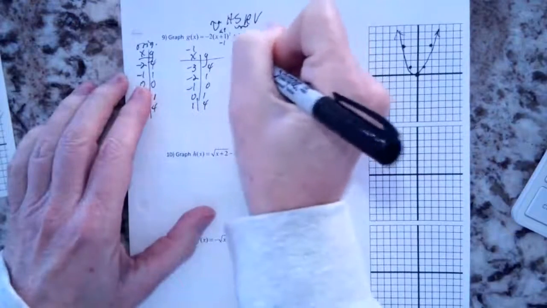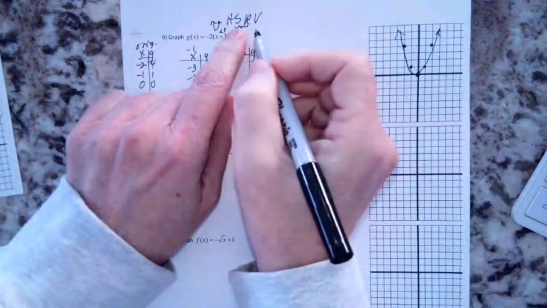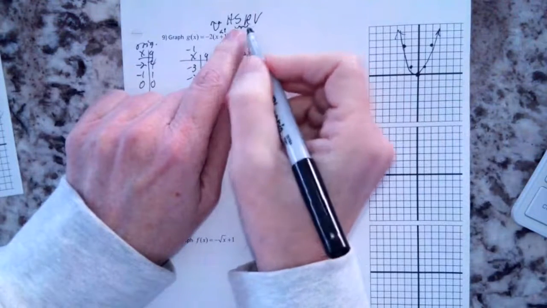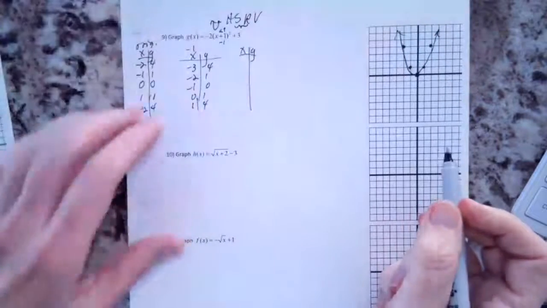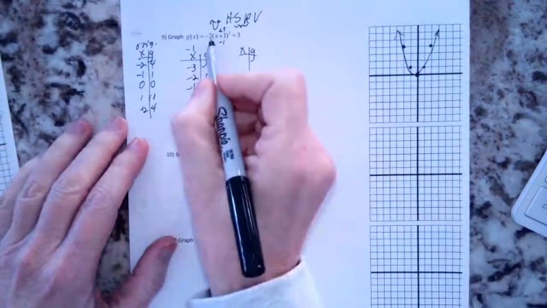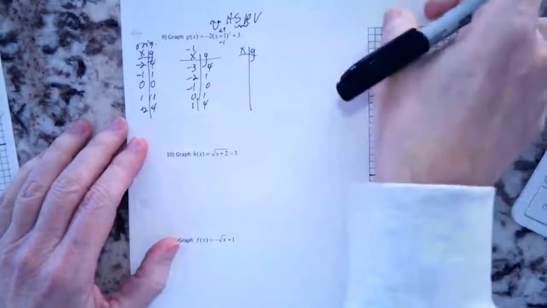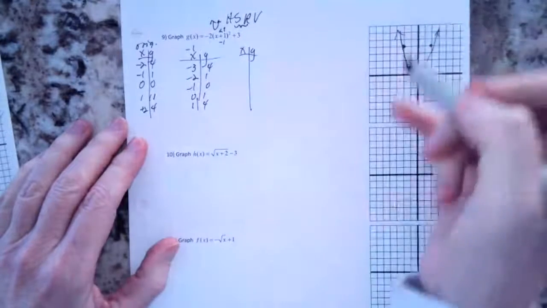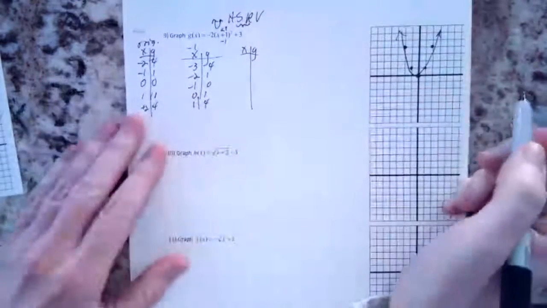Now let's do the next step, which we can do 2 at a time. We can do the stretch and the reflection. The 2 is our stretch. That means we're going to pull these ponytails up. We're going to stretch them by 2. They're stretched by 1 right now. We're going to stretch them a little bit taller, and we're going to flip it across the x-axis down here.